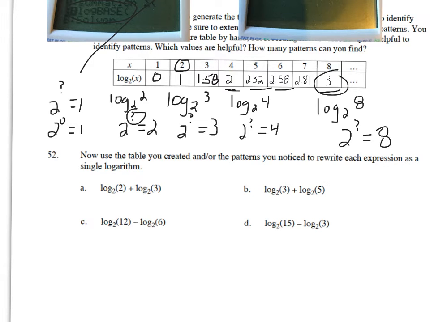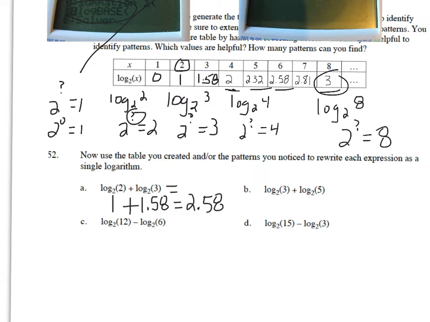Well, here's what I'm noticing. I know if I take the log base 2 of 2, which is 1, and I add that to log base 2 of 3, which is 1.58, let's rewrite that, 1 and 1.58, add those together, and I get 2.58, which is also in our table.